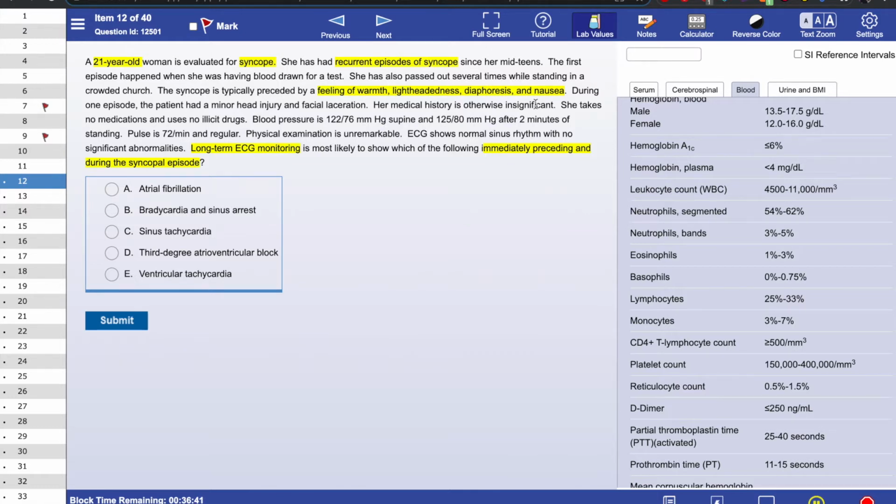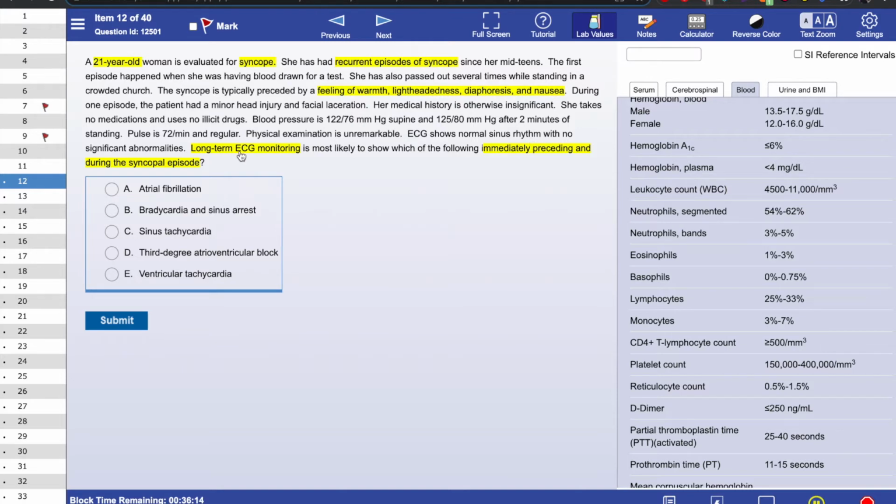During one episode, the patient had a minor head injury and facial laceration. Her medical history is otherwise insignificant. She takes no medications, no illicit drugs. Her blood pressure is normal supine, and it's normal after standing, so she's not orthostatic. Pulse is normal and regular. ECG is normal.